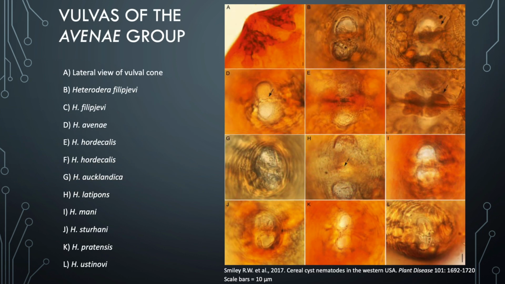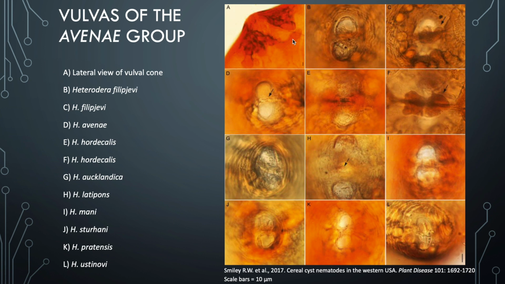So it appears that the cereal cyst nematodes, or cyst nematodes in general, seem to be the animals that have the most studied vaginas in all of the animal kingdom. I don't know if that's actually true, but that's what it seems like when we look at the extent that goes into investigating the various species of nematodes based on the features of their vulvas.